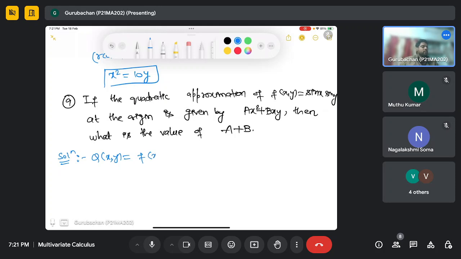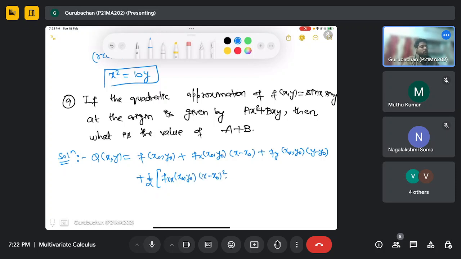Q(x,y) is nothing but f at (x naught, y naught) plus f_x at (x naught, y naught) times (x minus x naught) plus f_y at (x naught, y naught) times (y minus y naught) plus 1 by 2 [f_xx at (x naught, y naught) times (x minus x naught) whole square plus 2 times f_xy at (x naught, y naught) times (x minus x naught)(y minus y naught) plus f_yy at (x naught, y naught) times (y minus y naught) whole square].